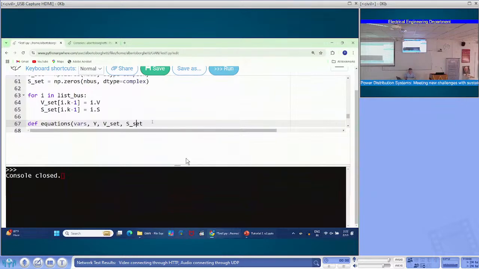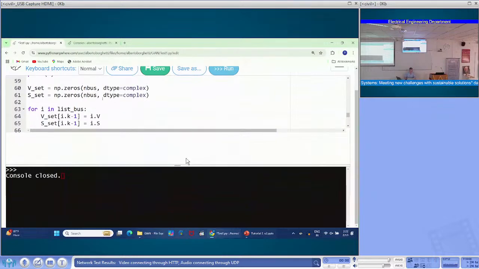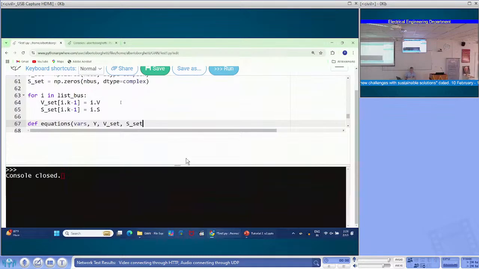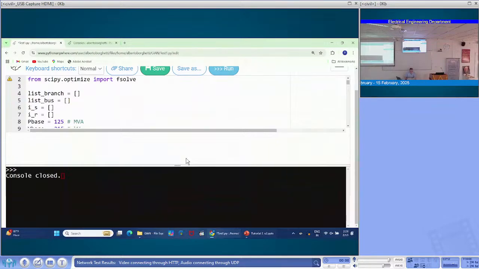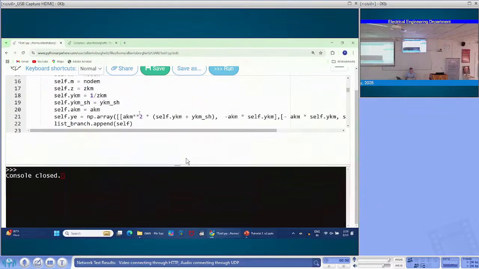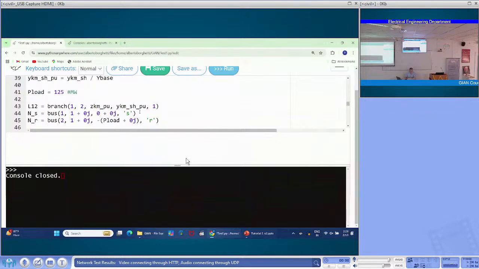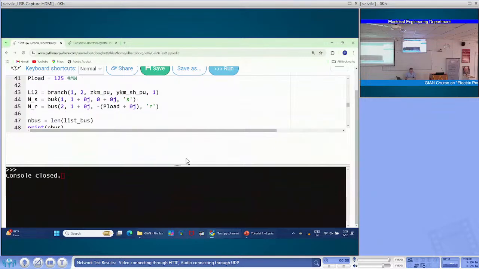And then we have also the information which is the sending and receiving bus that we have stored in this index, in this list, who is the sending node and who is the receiving node. For us, 1 is the sending node and 2 is the receiving node, because our problem is just very simple.